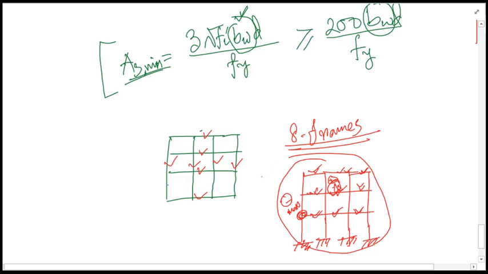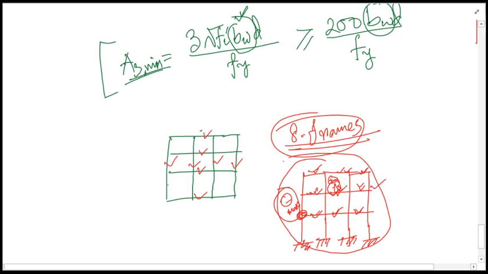You will follow this for all of the 8 frames. So for 8 frames you will be designing 8 beams actually. You will be obtaining the maximum positive required and maximum negative required, and those two will be used for all the beams in that particular frame.